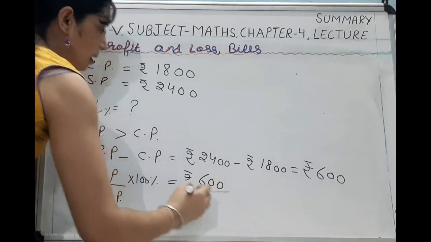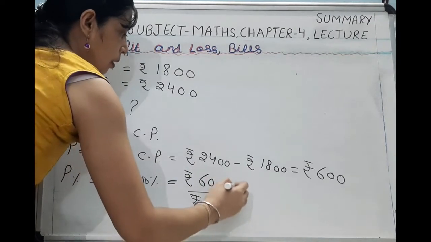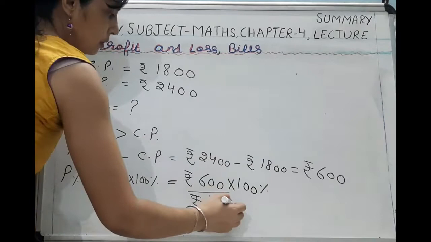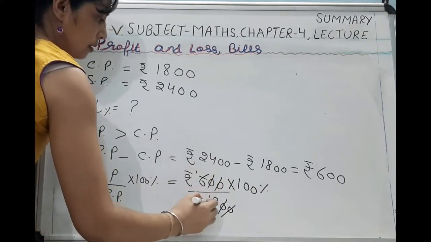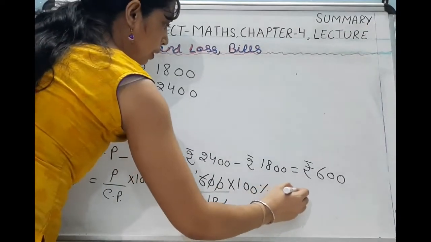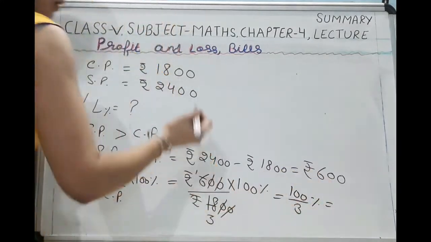Cost price is rupees 1,800 multiply by 100%. Right? Now cancel the zeros. 6 ones are 6. 6 threes are 18. 100 upon 3%. Divide 100.